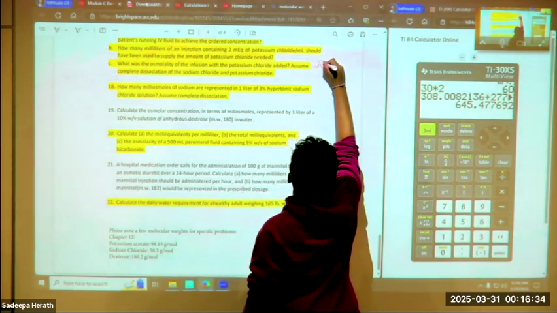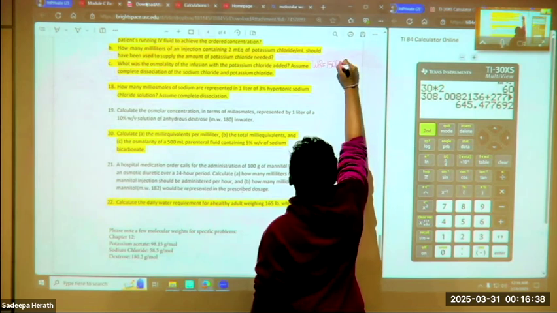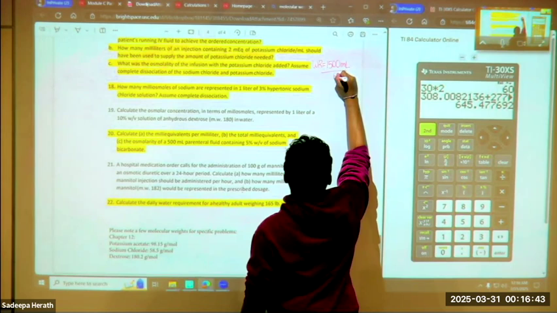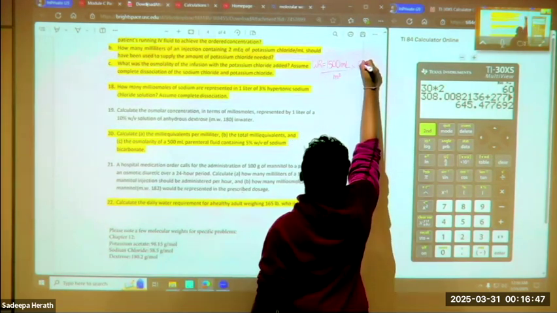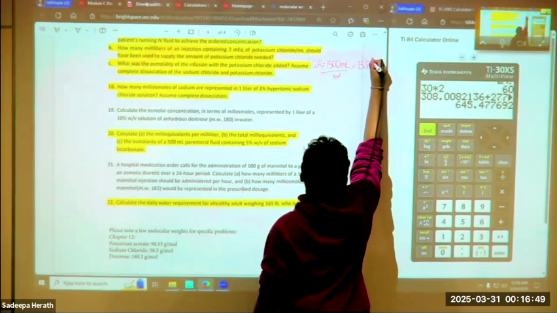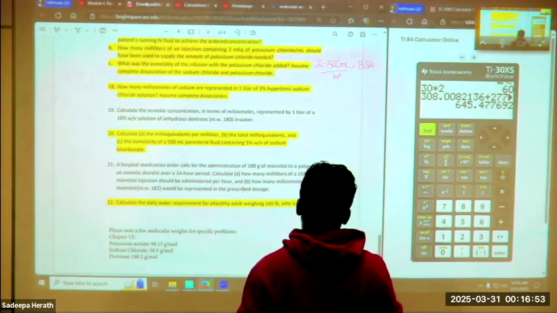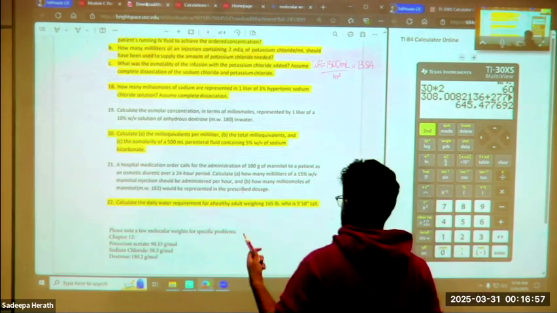Water requirement equals 1,500 mL per meter squared times BSA. Okay, so step one, we need to find BSA.